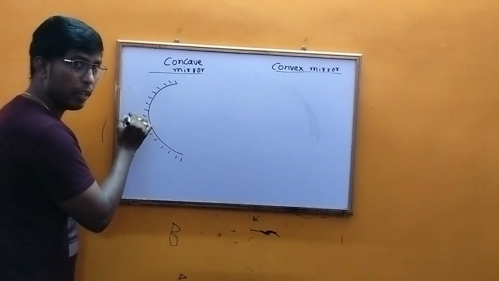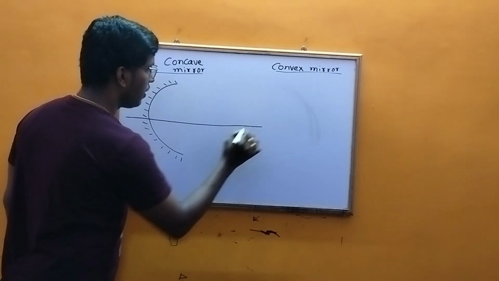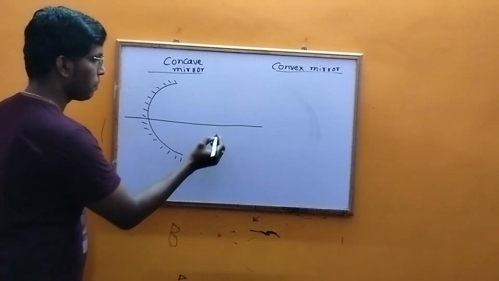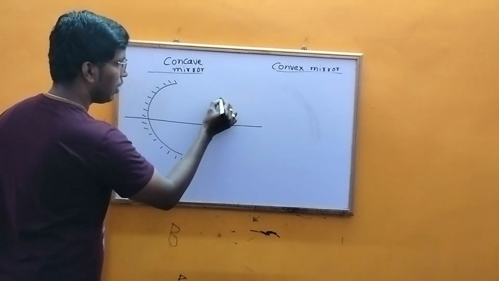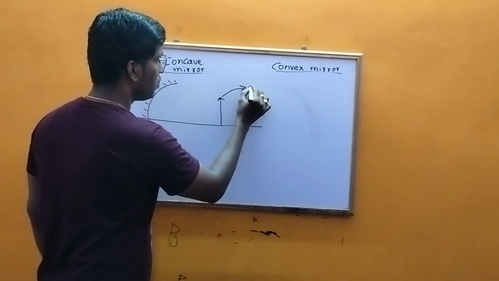This is a concave mirror, and here a straight line which is drawn is called principal axis. Above this line I have drawn an arrow. This arrow is considered as object.